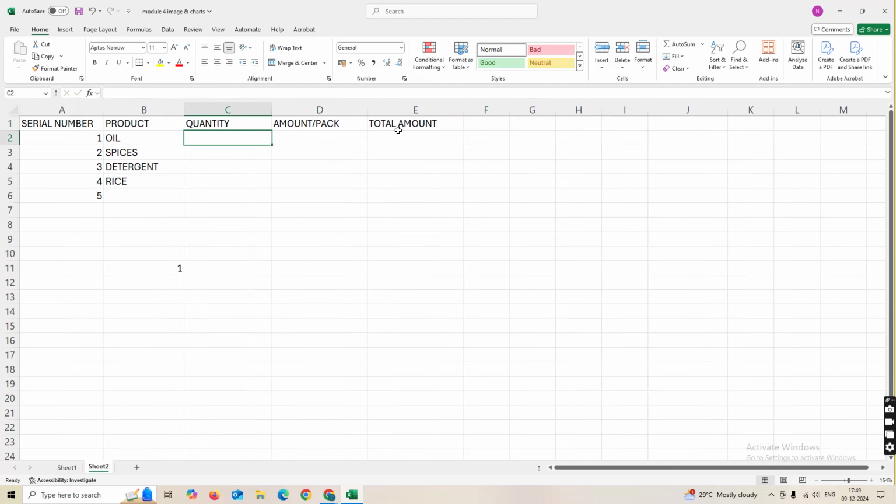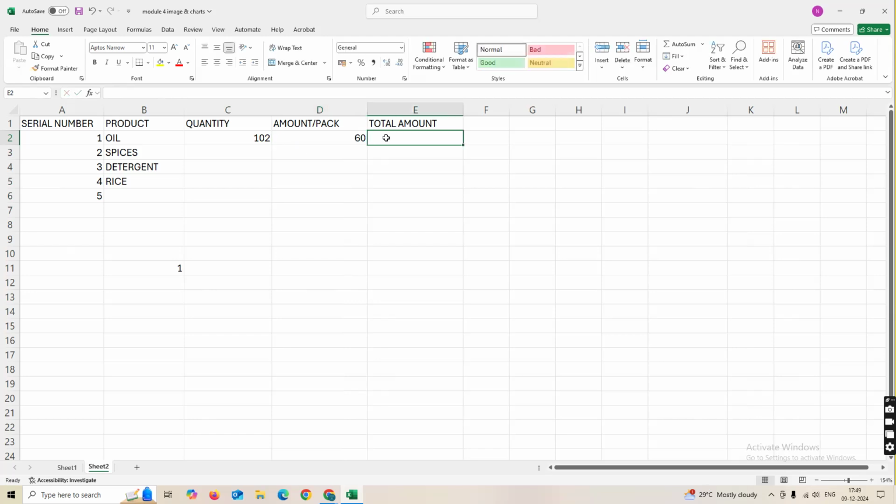Quantity, amount per packet, total amount. If you know the quantity, suppose it is 102, and per pack the amount is whatever, 60 rupees, etc.